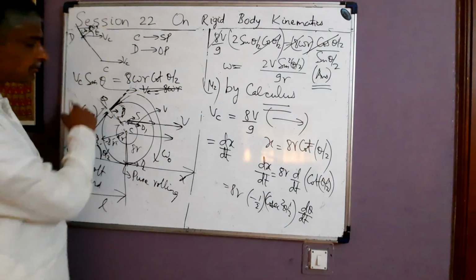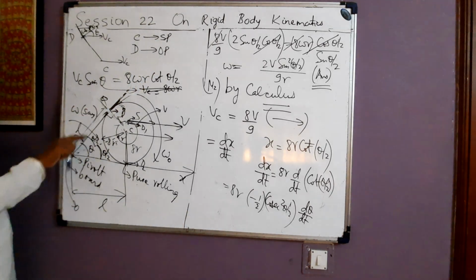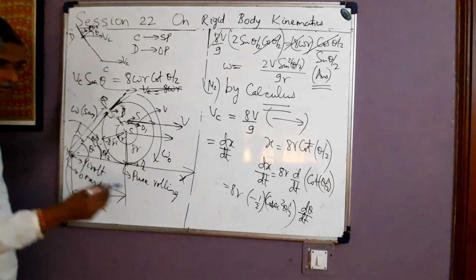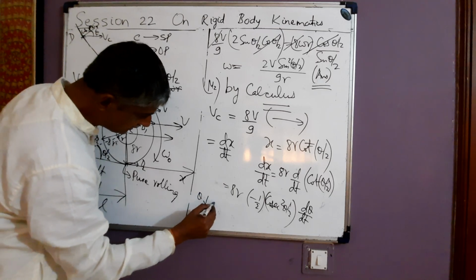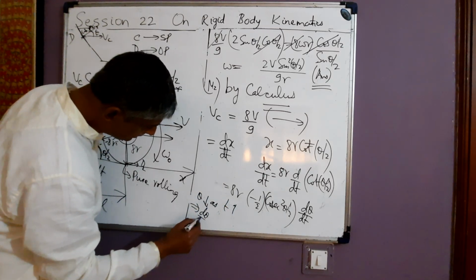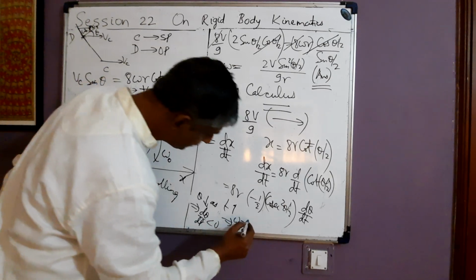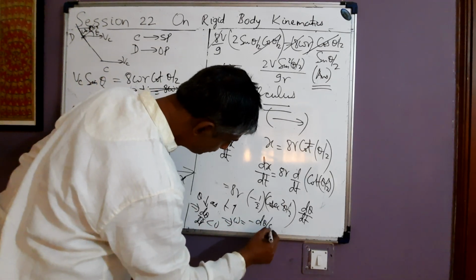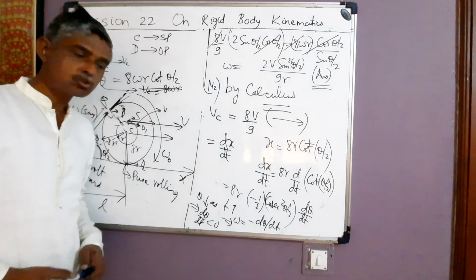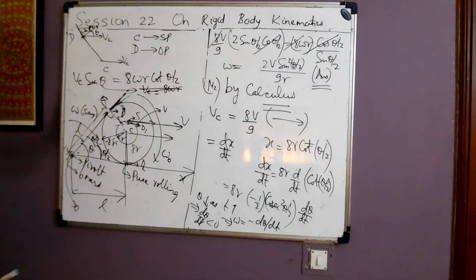The angular speed of the drum is omega. Now you see, as time passes by, theta decreases as the drum rotates, which means that d theta by dt is negative. So magnitude wise, omega should be minus d theta by dt. So this omega I substitute here now.